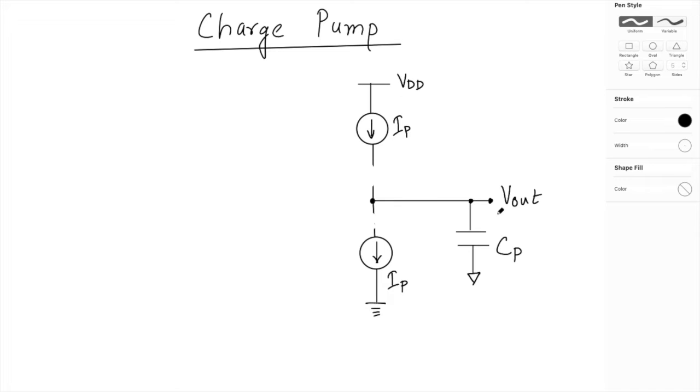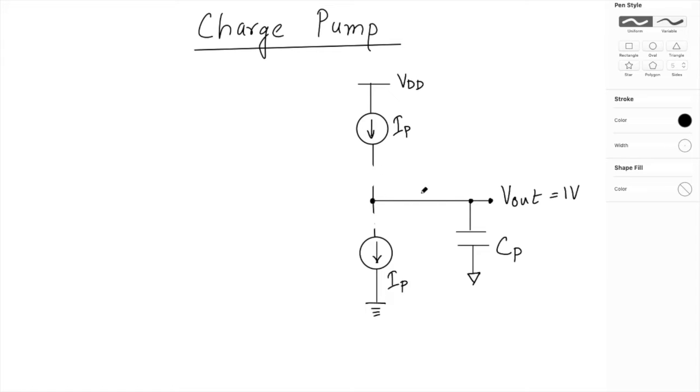Okay, it is supposed to maintain that. Suppose I have pumped in some charges and it has reached maybe 1 volt. So this 1 volt is supposed to be stored in this capacitor. By this we can store this voltage, and this voltage can be used to supply to the VCO.